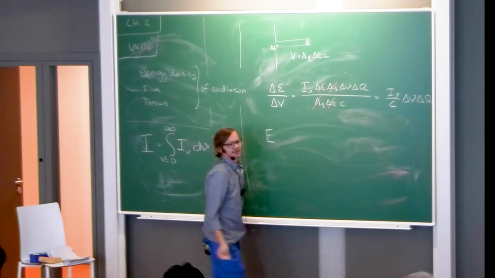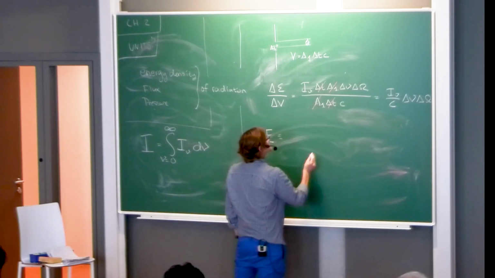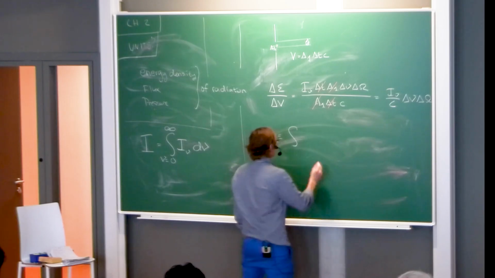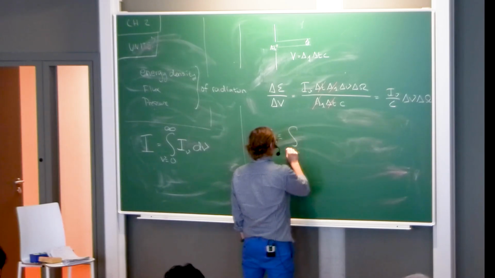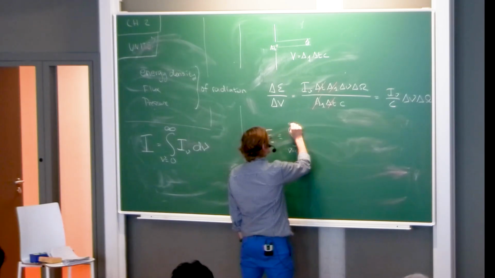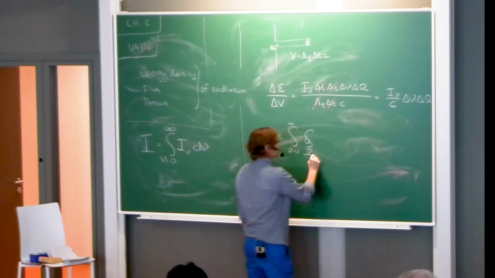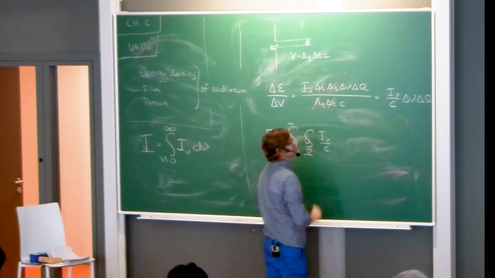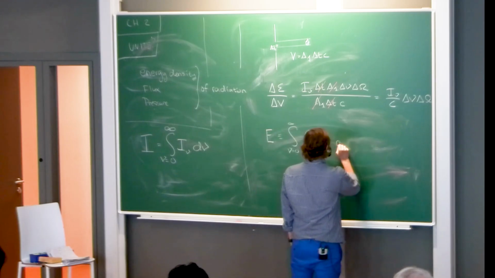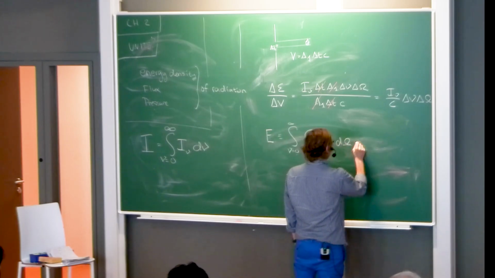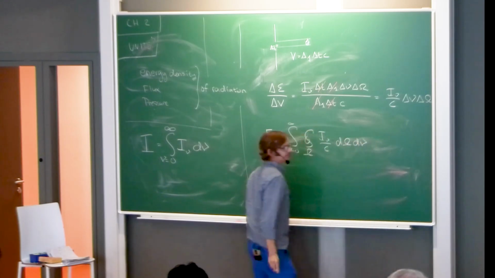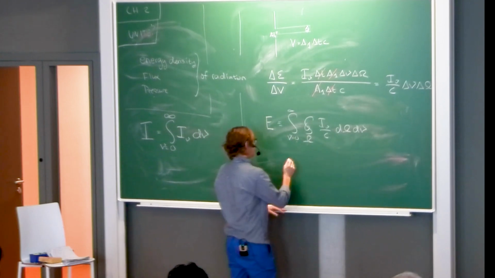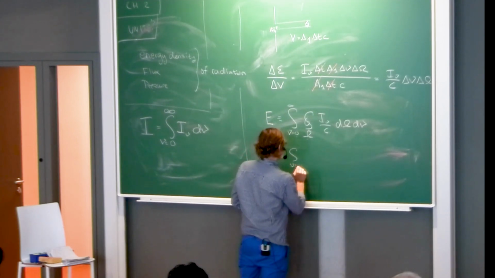So the total energy density we can define as the integral over all frequencies, over all solid angles, of I nu divided by C, d omega d nu.